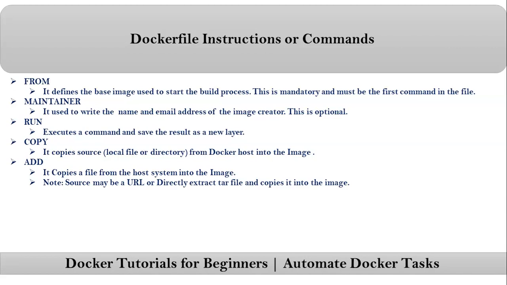But ADD does the same as COPY, and along with that, we can directly download a file from a URL and copy it into your Docker image. Not only that, we can also extract a tar file and copy it into your Docker image with the help of the ADD instruction. Anyway, we will see this while implementing our custom images with the help of the Docker file.